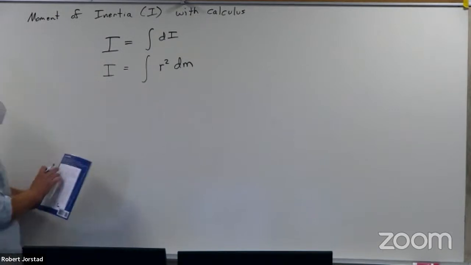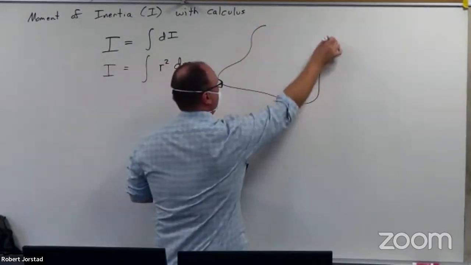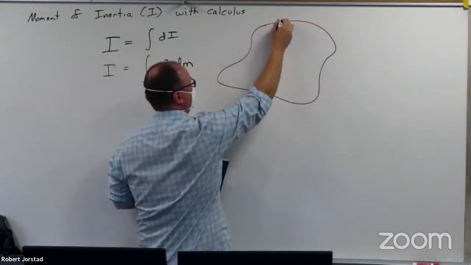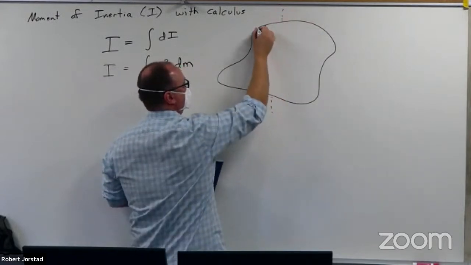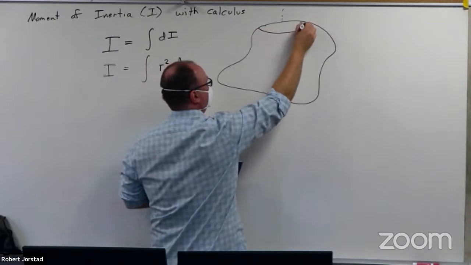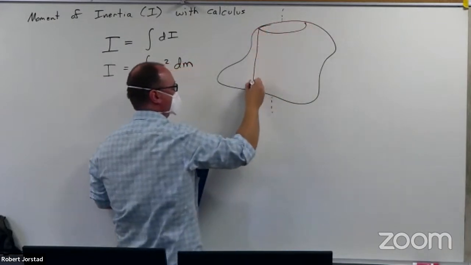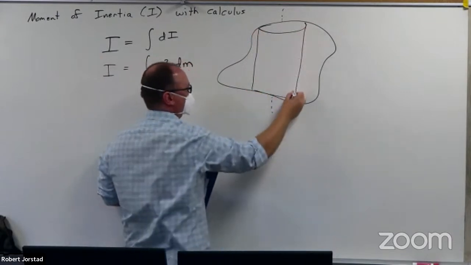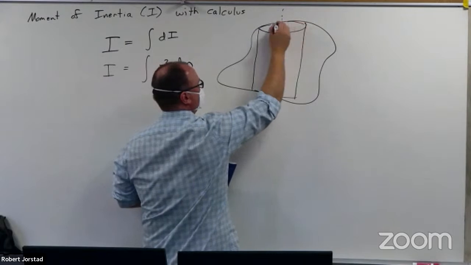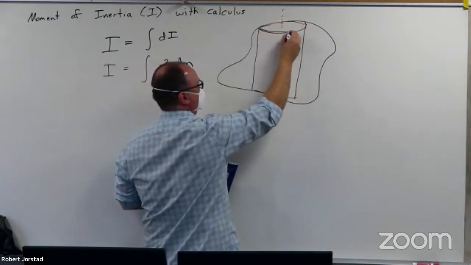What you could do is take an arbitrary object and build it up. Let's say you have an axis of rotation. You could build this object up out of cylinders. But this is getting pretty complicated, as you can see. You try to build this object up out of these cylinders, and they're actually thin cylindrical shells.